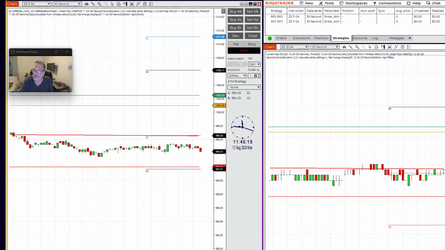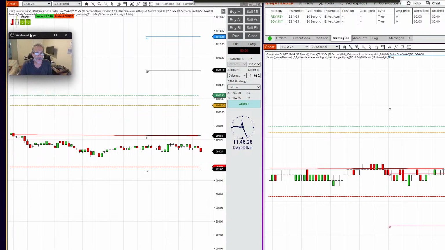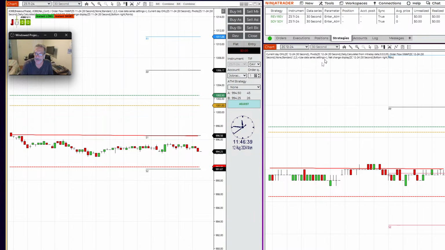So that's my soy trade. And then when I enable a reversal, it puts the buttons on the screen, gives you the opportunity to enter the market immediately if you choose, okay? If you so choose.